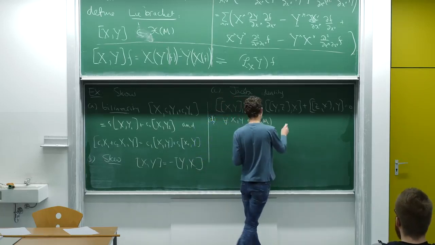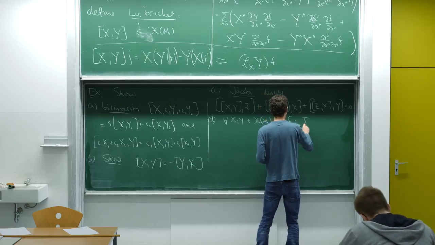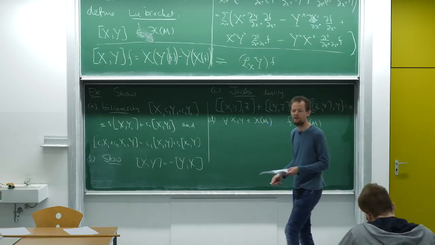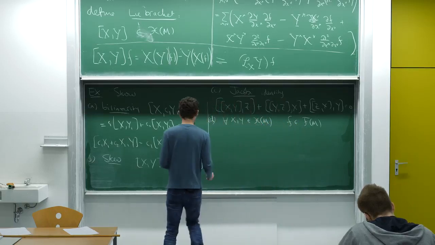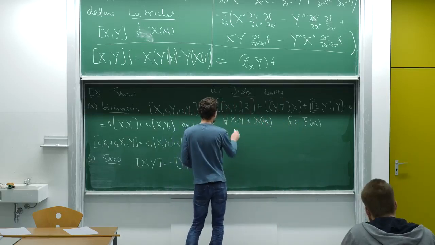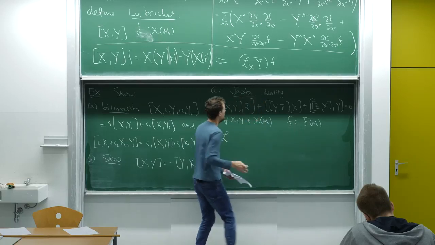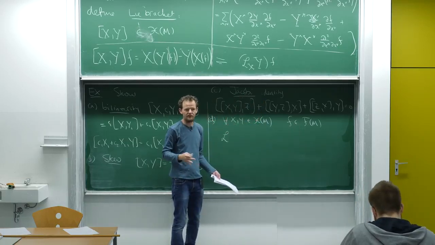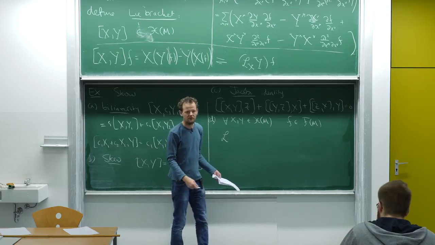Some other quite interesting properties of the Lie bracket. Here's one that's maybe not particularly obvious, but when you write it out, it becomes obvious. So if you have a function f on a manifold and you have a vector field x on a manifold, then f times x is just the pointwise product of f and x. So it's another vector field.